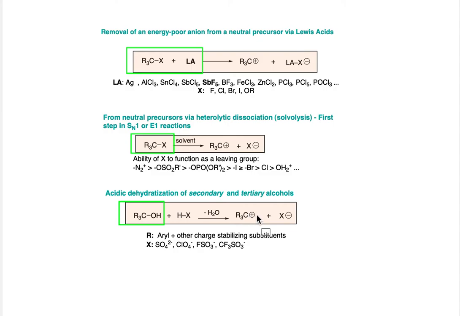So to stabilize this carbocation, R must be an aryl group or any other electron donating group that can stabilize carbocation. In this case, the acid can be halogen acid, or X can be like sulfate, perchlorate, fluorosulfonic acid, or trifluoromethane sulfonic acid.